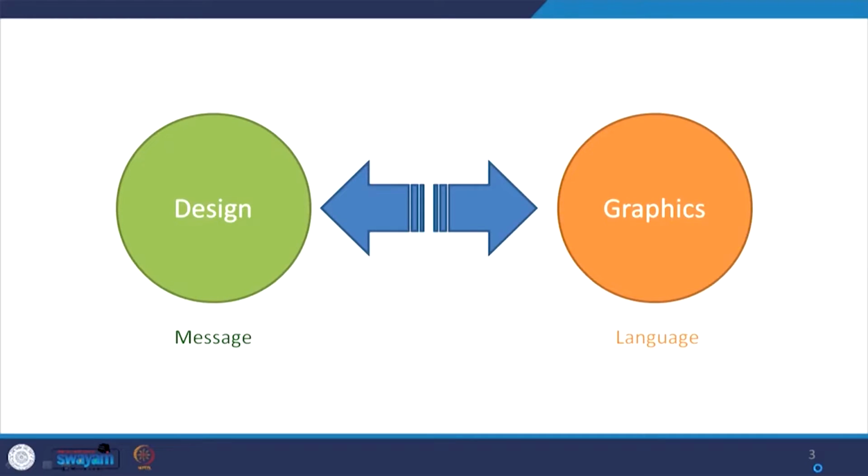Then to manufacture, if we have to cast a die or whatever, at each one of these stages we need a precise communication of this idea for the next stage to progress. If we look at this design, the final design is actually the message. It is only the message, and the language in which this message is conveyed is graphics.